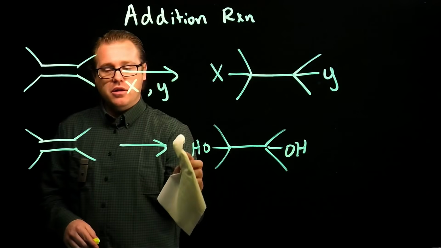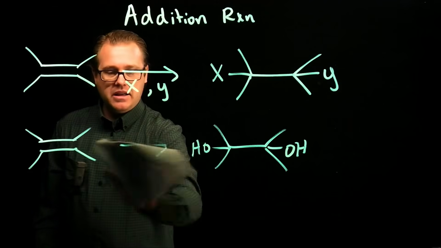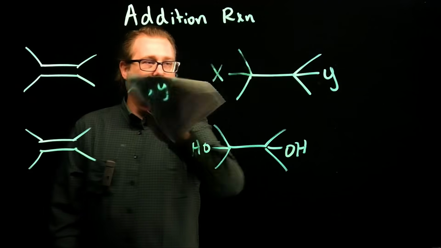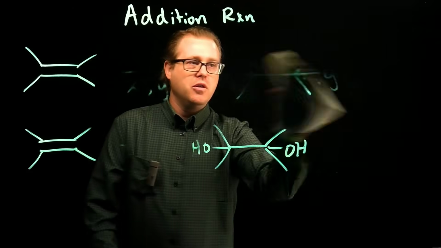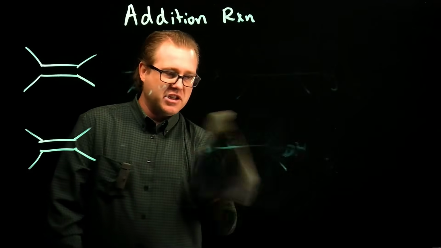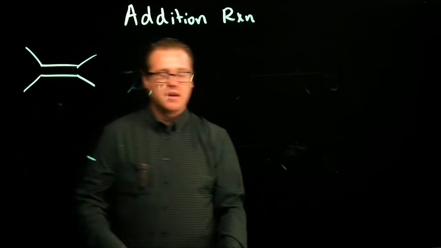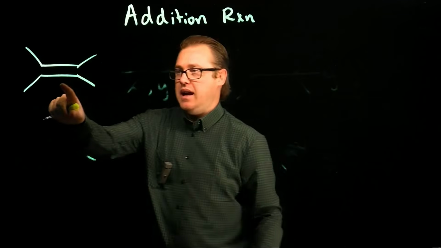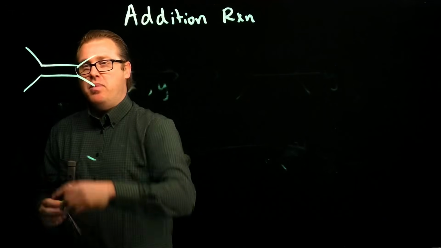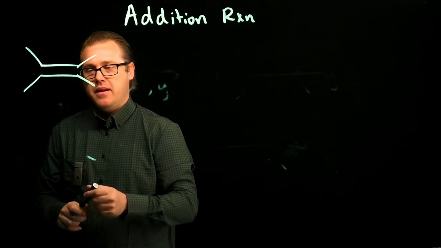But when we take a look at an addition reaction, what's common with most of these addition reactions is the fact that what we have here is an alkene and we have pi electrons.